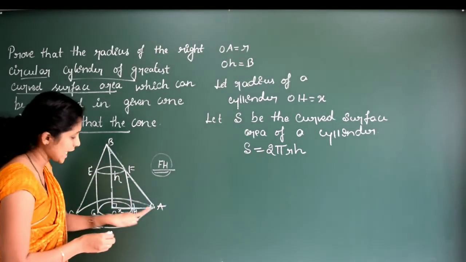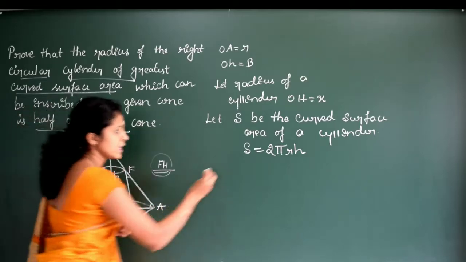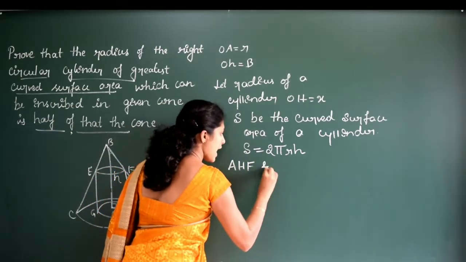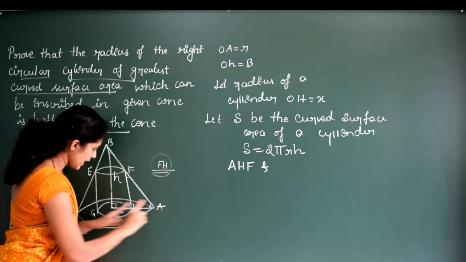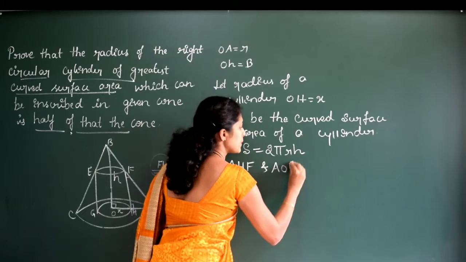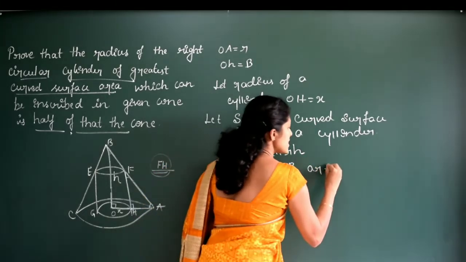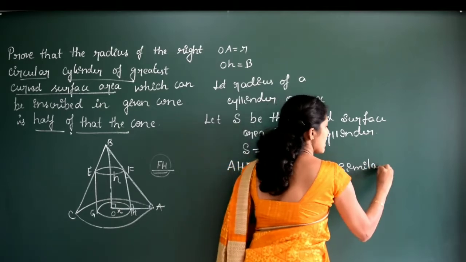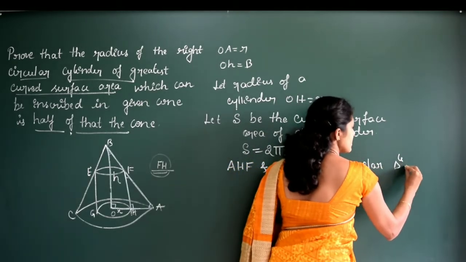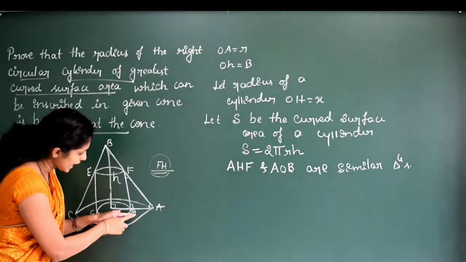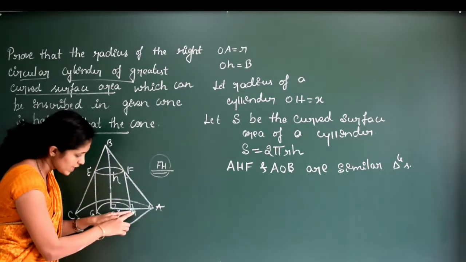So these two triangles are similar triangles. Which ones? A, H, F and another one, A, O, B are similar triangles. Is it clear? These are similar triangles. Now, by using this one, we can write their ratios should be the same, right?